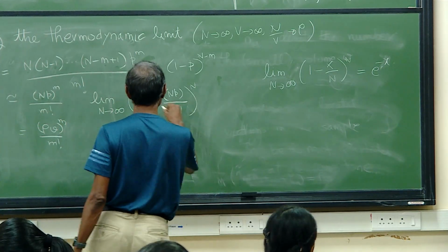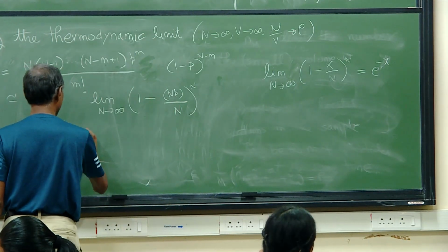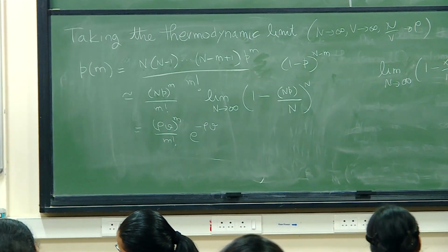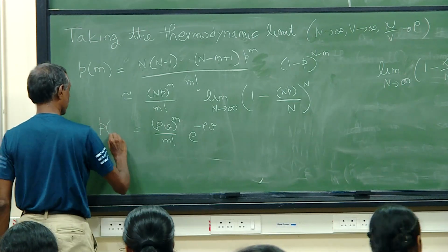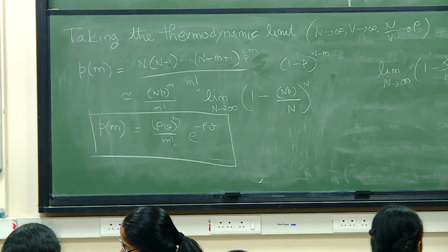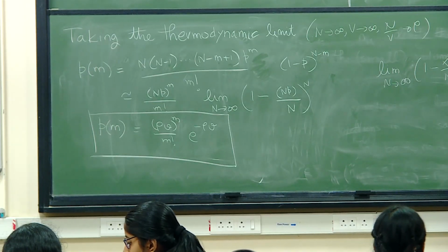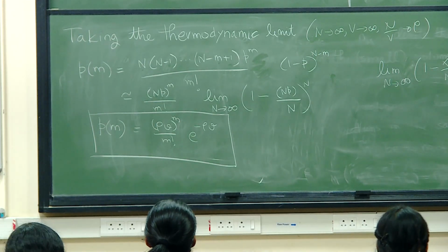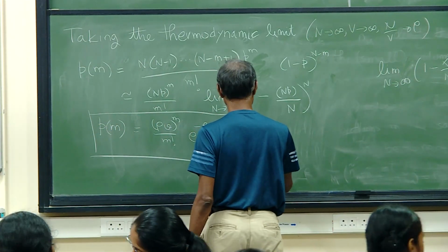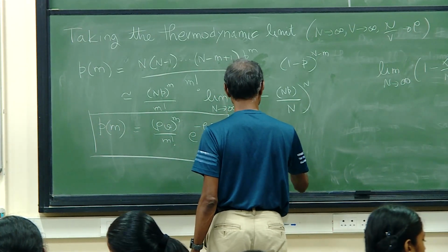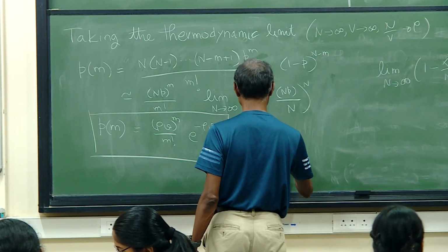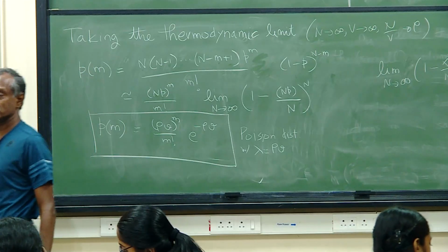Okay, so this will become e power minus np, which is e power minus lambda. What is this distribution? Have you seen this? This is the Poisson distribution, with lambda, which I wrote.